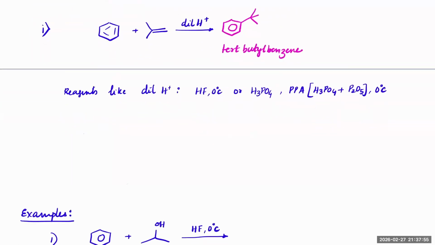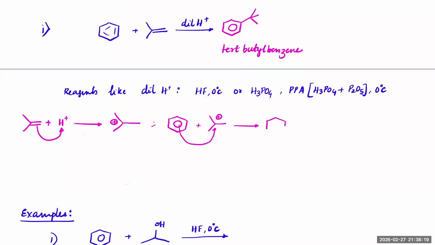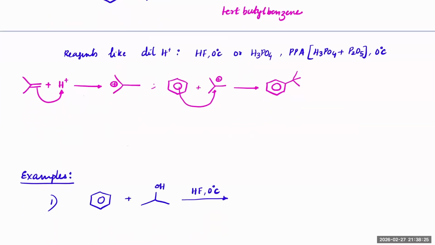Which means basically if you have a pi bond here, the pi bond will attack H plus and thereby give a carbocation at this position. And once you get a carbocation, benzene will attack on that positive charge, like this, to get this form here. That's it. This is the mechanism that will happen.